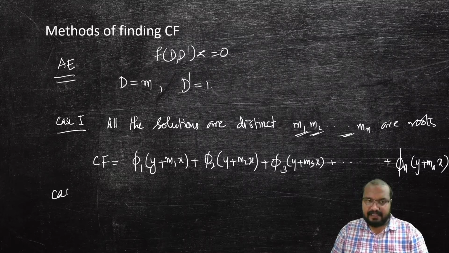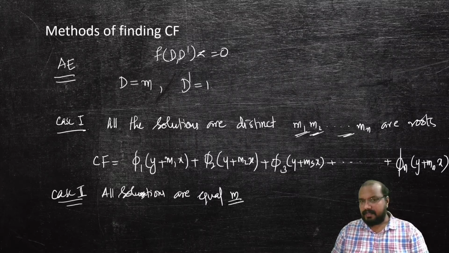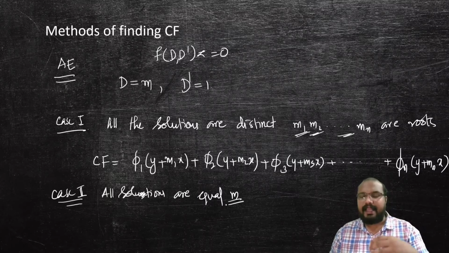Now we'll consider case 2. If all the solutions are equal, that is, we can have only one solution m, or it occurs n times.